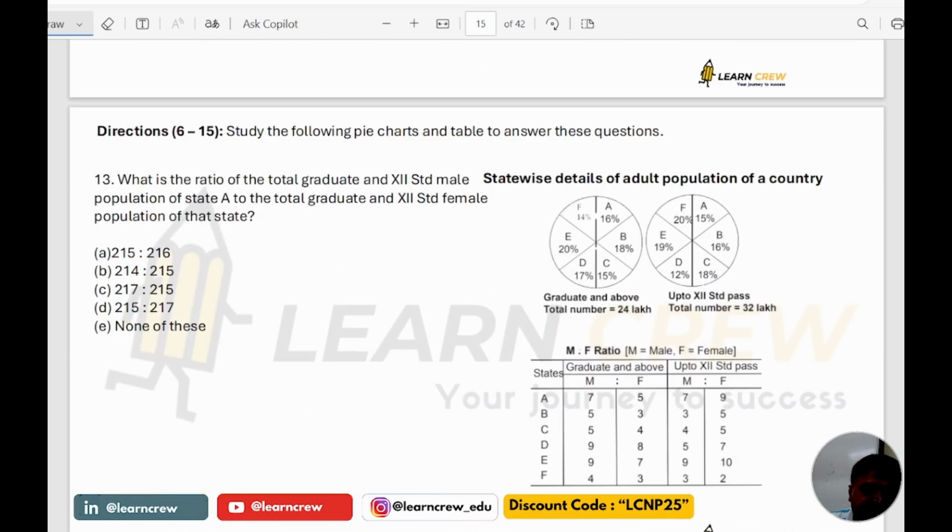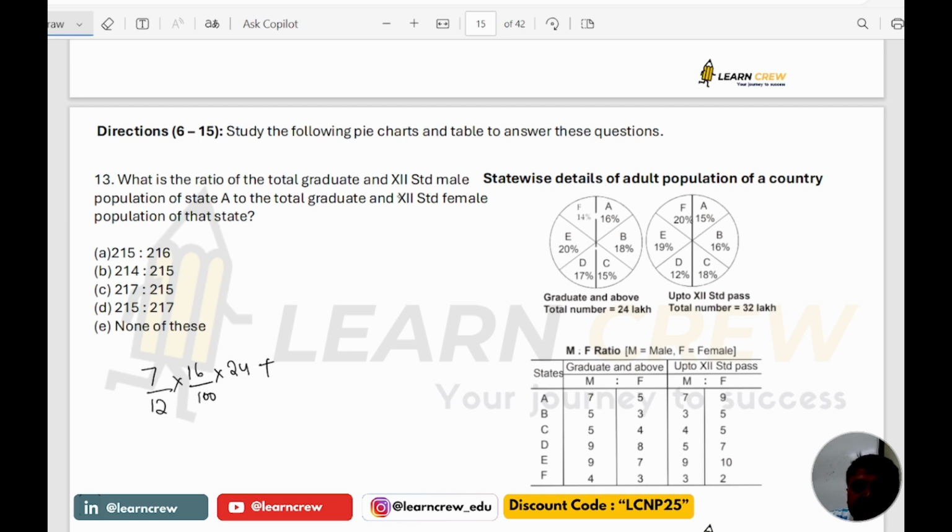Now question number 13. What is the ratio of the total graduate and 12th standard male population of state A? Total graduate males of state A is how much? 7 by 12th of 16 percentage of how much? 24 lakhs.